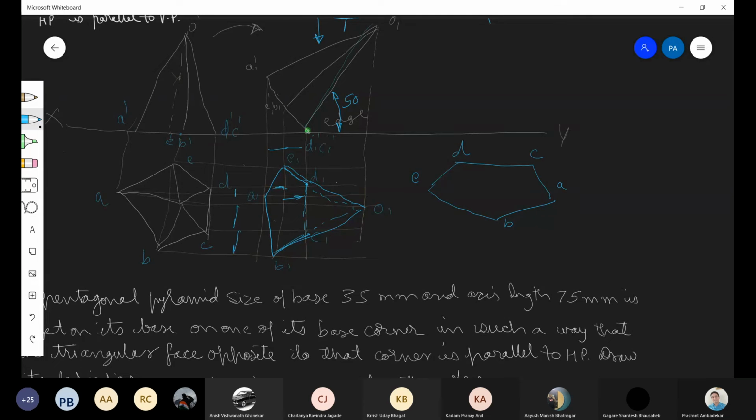These horizontal line distances were explained that day. You can go to the recording and see that video again. Okay, it was I think Tuesday's lecture. If any student has doubt, you can go and see it again.